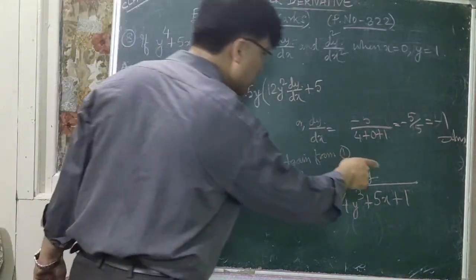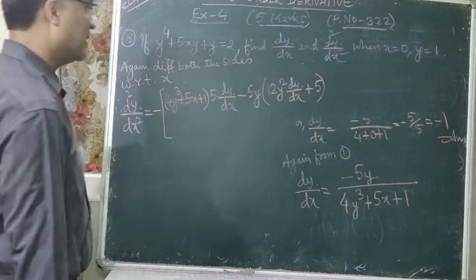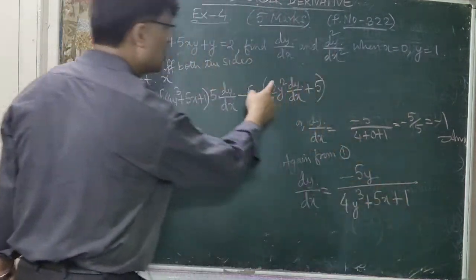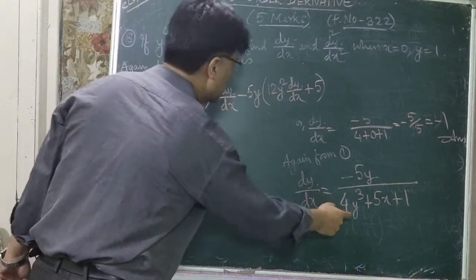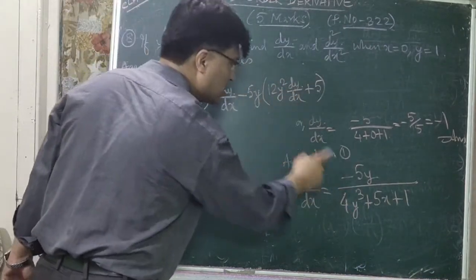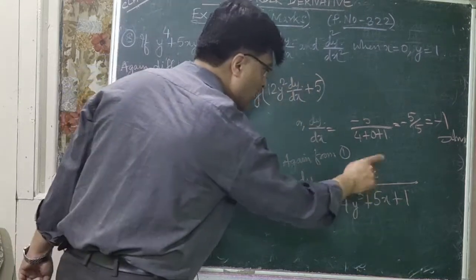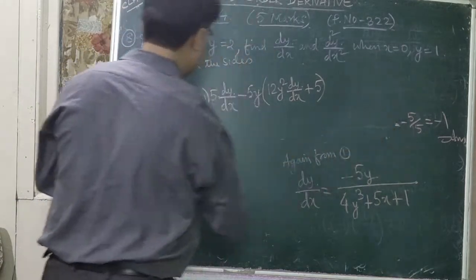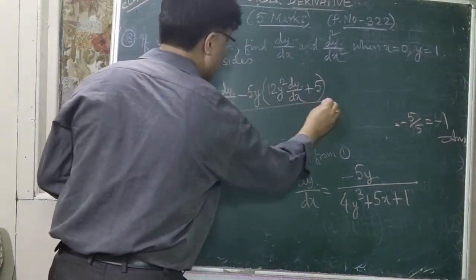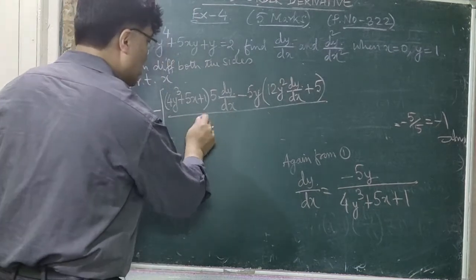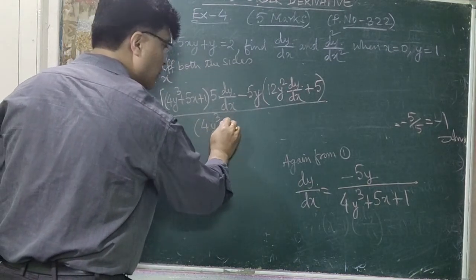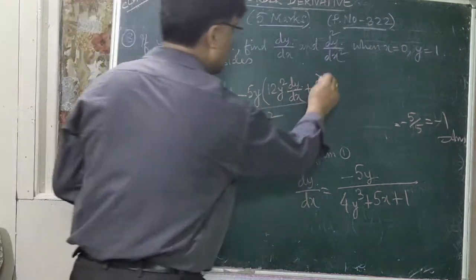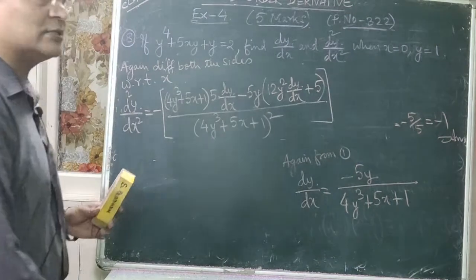Plus what is the differentiation of 1? That is 0. The bracket is closed. So the differentiation of the denominator with respect to x is 12y square dy by dx plus 5. Whole divided by the denominator whole square, that is 4y cube plus 5x plus 1 whole square. So here this third bracket is closed.